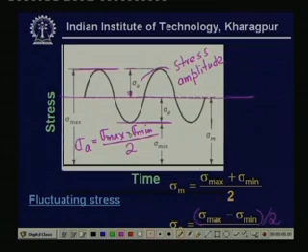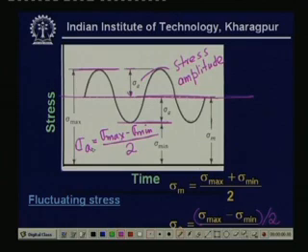So, one can find that from a stress cycle it is possible to analyze the entire load situation, or the variable load situation, onto the machine element by considering one as an average stress or the mean stress, and another which is called the fluctuating stress, also expressed in terms of stress amplitude.